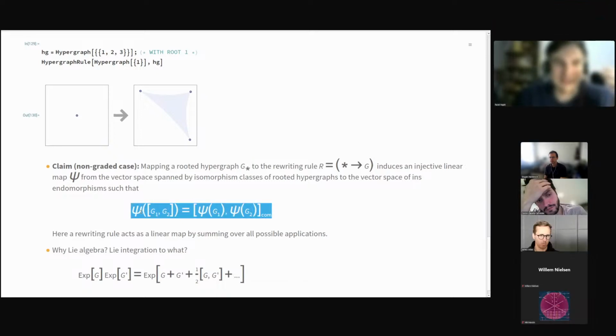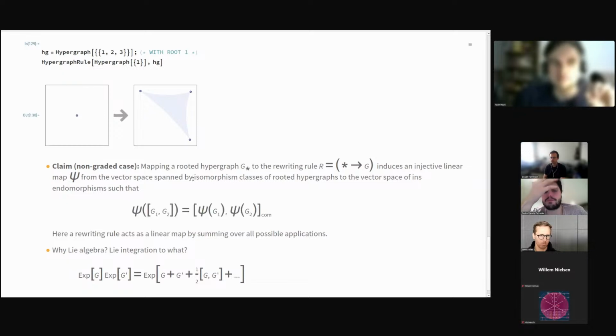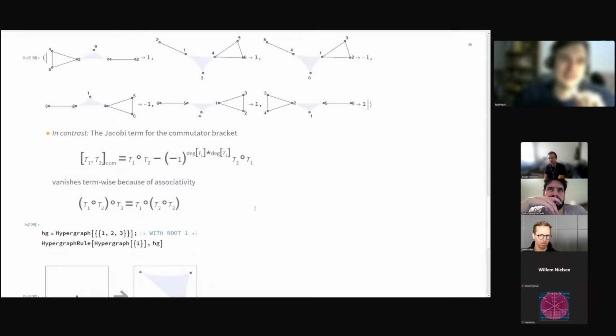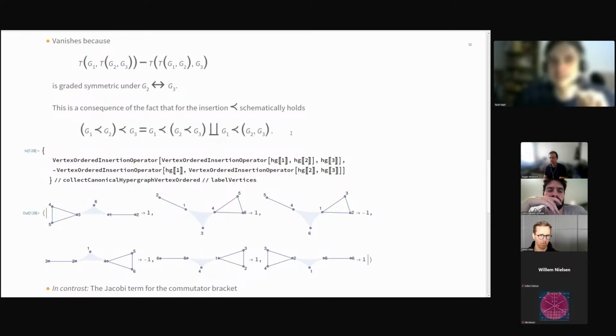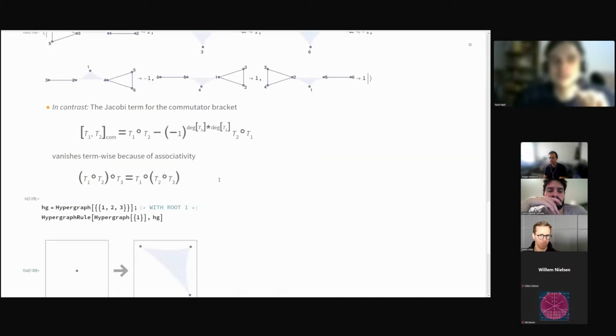And actually it turns out that this map is mapping the insertion bracket to the commutator of the rules. Which is a funny fact, because here basically you have the Jacobi identity for the insertion bracket based on this phenomenon. Then you have the trivial Jacobi identity for the associator.